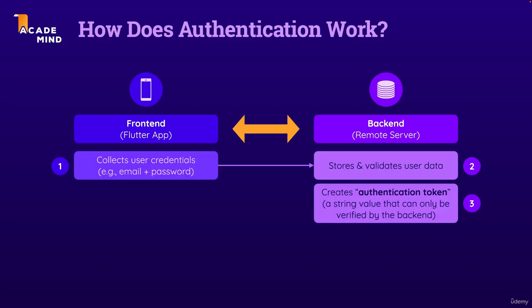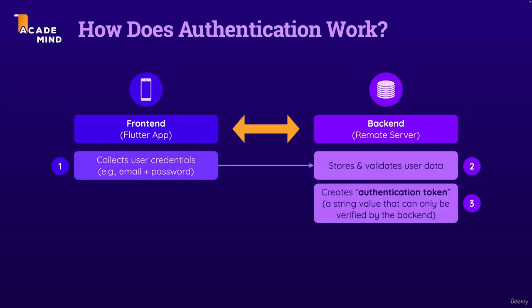And it's created using a certain algorithm that ensures that the string, despite looking random, isn't random. Instead, it is a string that can't be reproduced by anyone else but that backend, because it uses some secret key which only the backend knows as part of that token generation process.